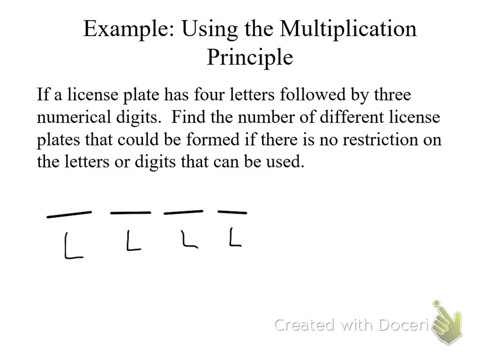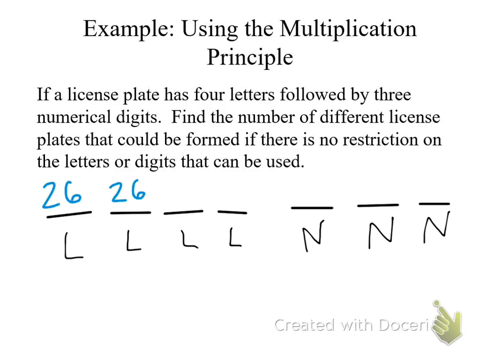Okay, and then it also told me I have 3 numerical digits. So I'm just going to put N for number. Okay, so this is one of those times that you have to remember some of those finer details. So how many letters are in the alphabet? Well, that's 26, so I'd have 26.